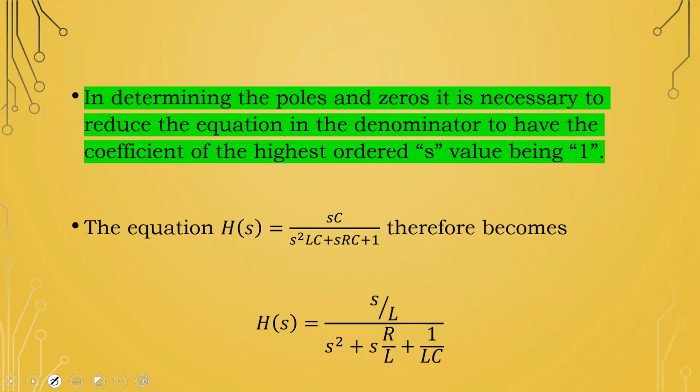And we'll get H of S equal to S over L, into S squared plus S times R over L plus 1 over LC. Quick question, does this equation look familiar? Or should I say, does the expression in the denominator look familiar?